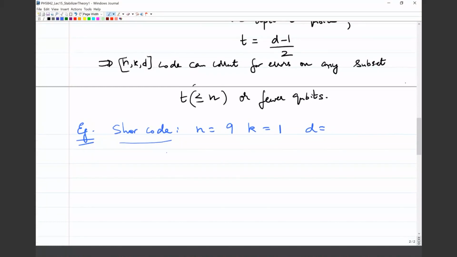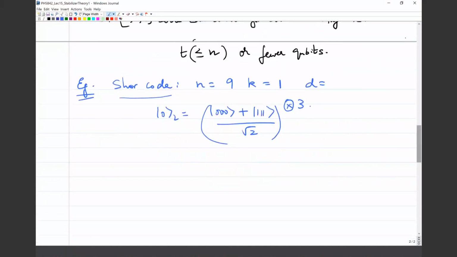Remember that the code words are, you take the repetition code and you concatenate it, right? Okay, so this is correct. Good. So you have encoded K qubits into 9 qubits, so K is 1, N is 9. What is D?